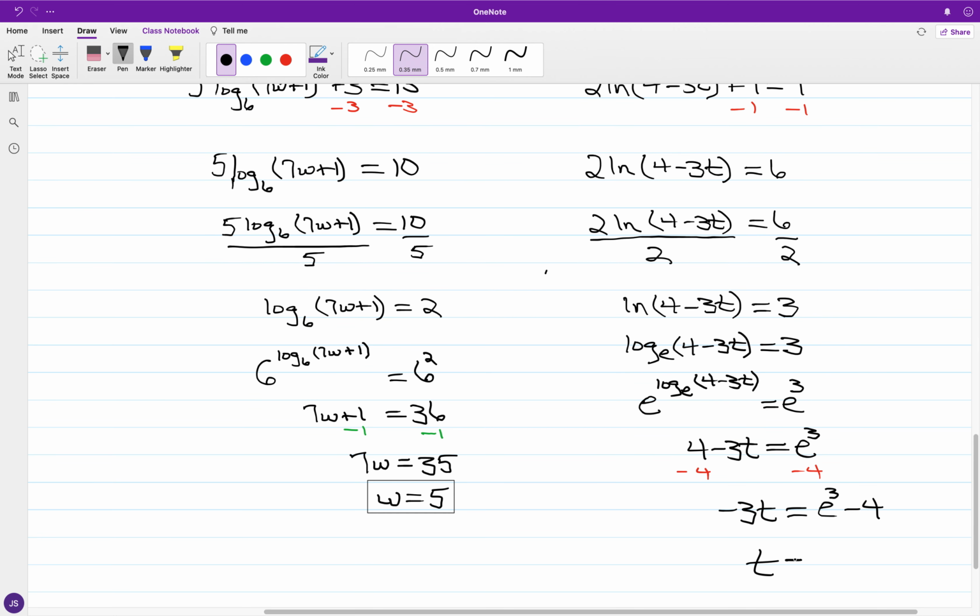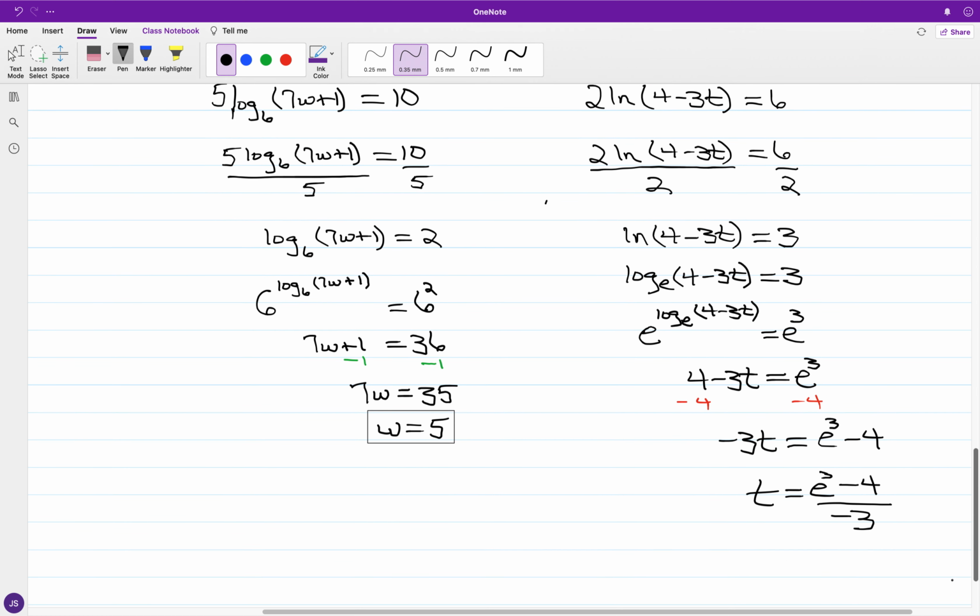And for t, now in exact terms, t is equal to e to the third minus 4 over negative 3.